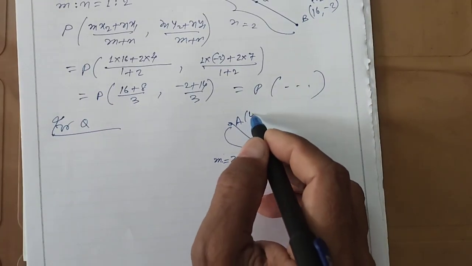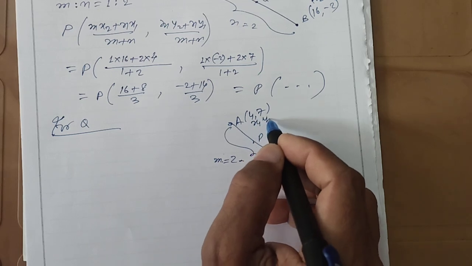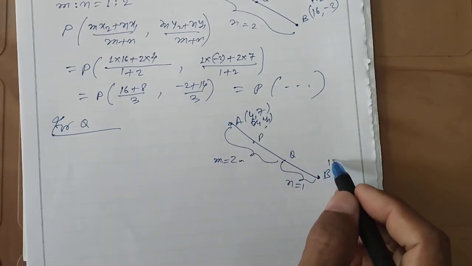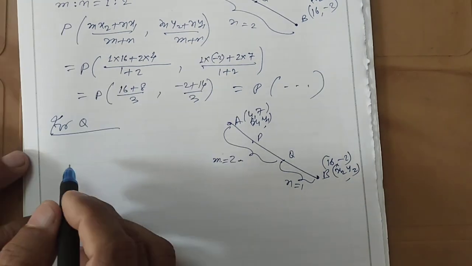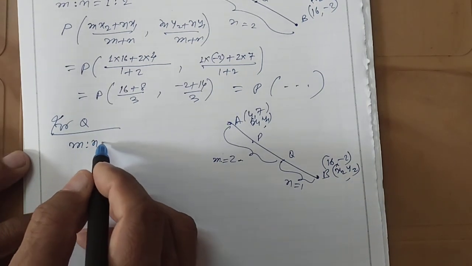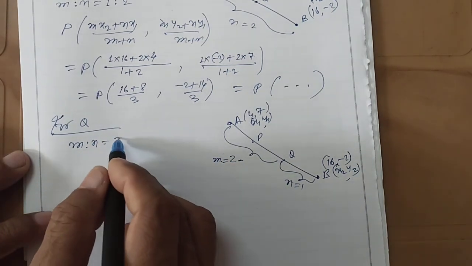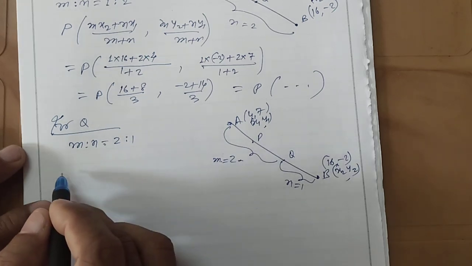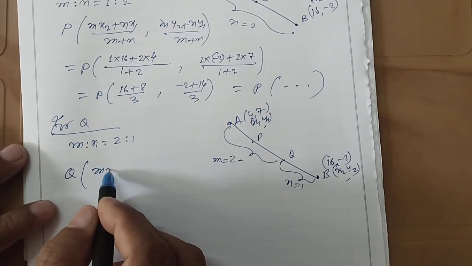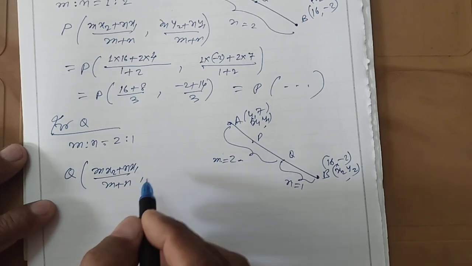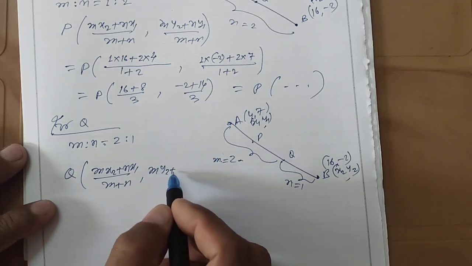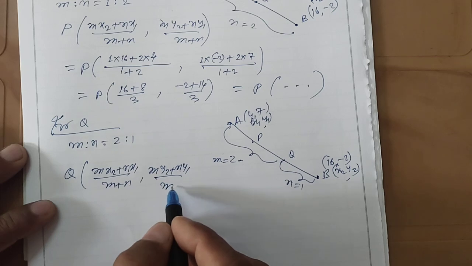A point is (4, 7), it is x1, y1, it will not change. B is (16, minus 2), it will be x2, y2, and only the m:n ratio is changing, it is 2:1. Then you can find Q with exactly the same formula, (m x2 plus n x1) by (m plus n), (m y2 plus n y1) by (m plus n).